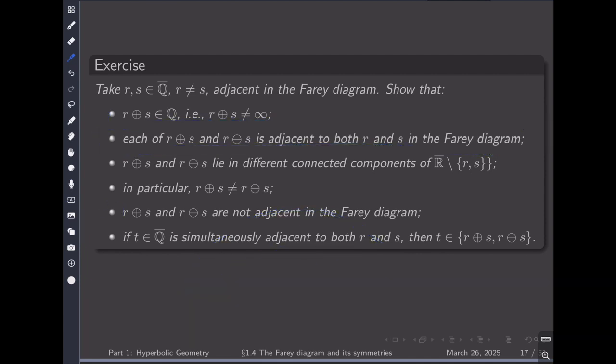And finally, one that I find particularly beautiful is that if you give me anything which is at the same time adjacent to R and S, then it has to be one of the obvious ones. So no strange things happening. In other words, you give me R and S adjacent, then by definition they are adjacent to the naive sum.